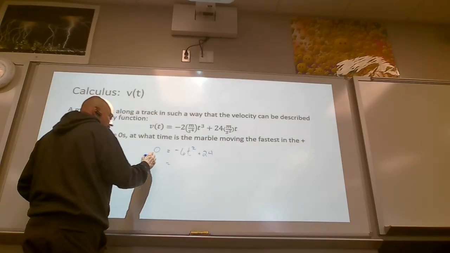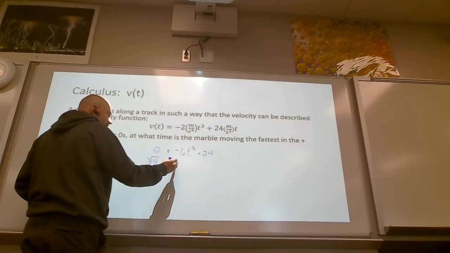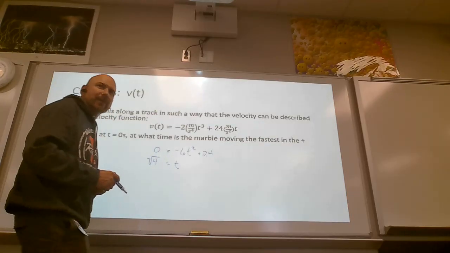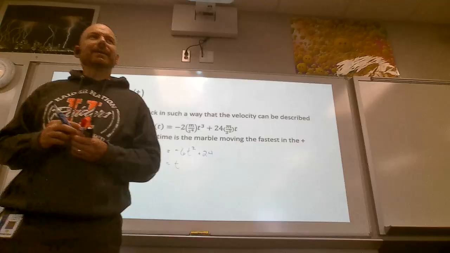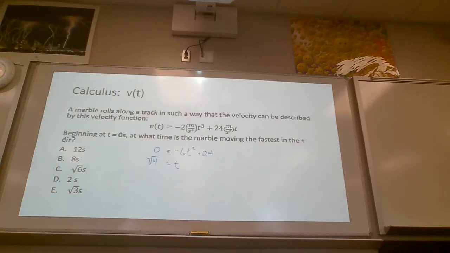Square root of 4 is 2, plus or minus, but we don't deal with negative times in this class. I would be going back in time. That does not happen in physics. Yet. Or it already has, you don't know. Okay? Good?